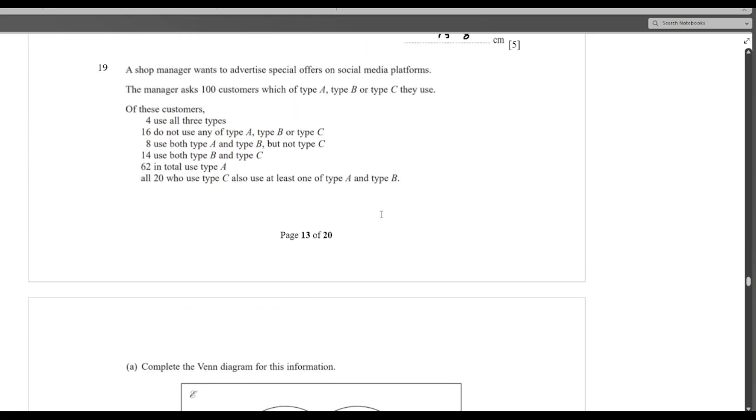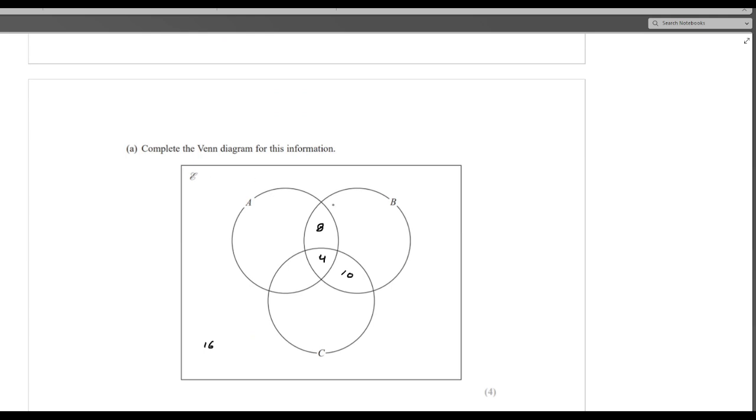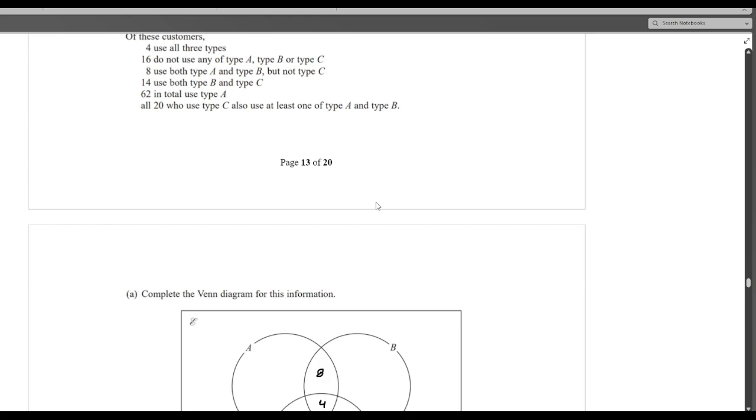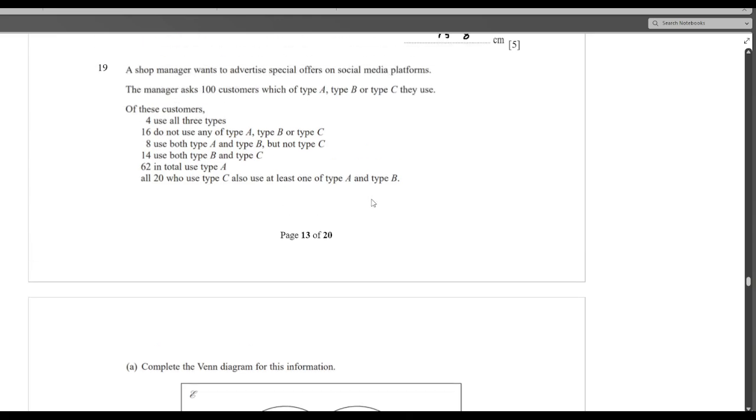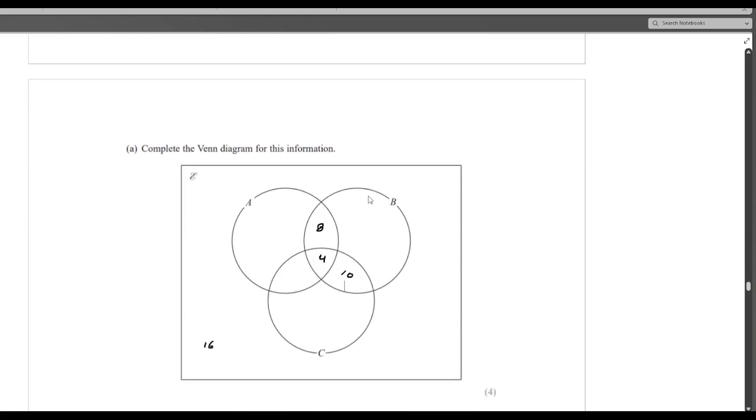And 62 in total use type A. All 20 who use type C also use at least one of type A and type B. So here in C there are total 20.